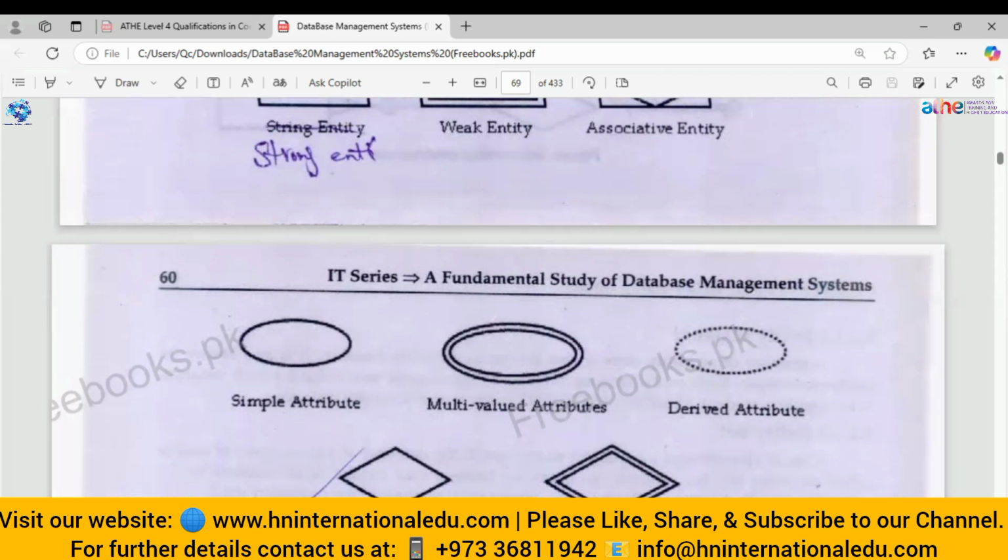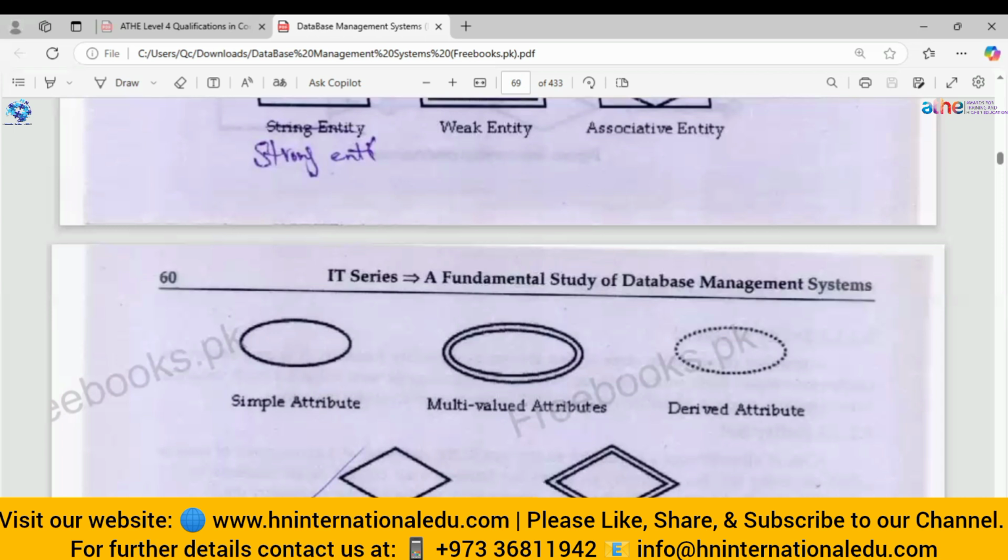Now, what is a multi-valued attribute? Just like, as a student, you have multiple skills. Let's suppose you are a web developer, a good graphic designer, and a language translator.